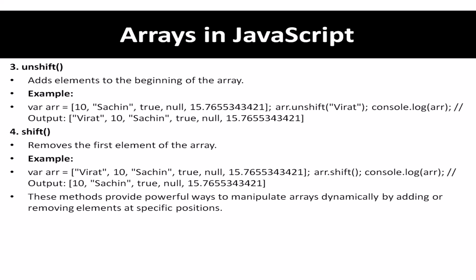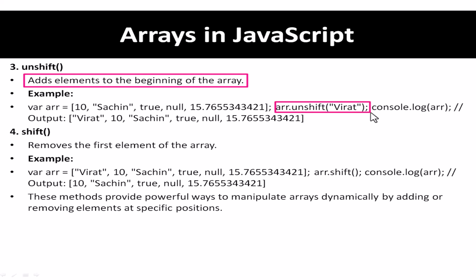Next, the shift and unshift methods. Basically, unshift means it can add an element at the beginning of the array. So we have removed elements by pop, and now I want to reinsert them.